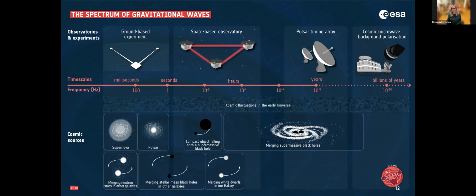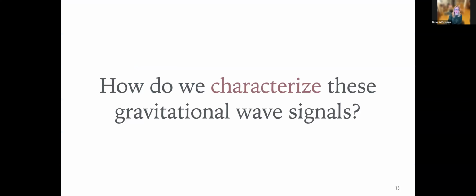Now, what that does is it brings your frequency range down. And what that means is that you're able to observe larger black holes because frequency scales inversely with the mass of the black hole. So now we'll be able to see supermassive black holes, 10^6, 10^8 solar masses. So entirely new different systems that we're going to be able to see. These next generation detectors, both the ground-based and the space-based, are expected to come online in the 2030s. And so there's a lot to prepare for in the coming years.